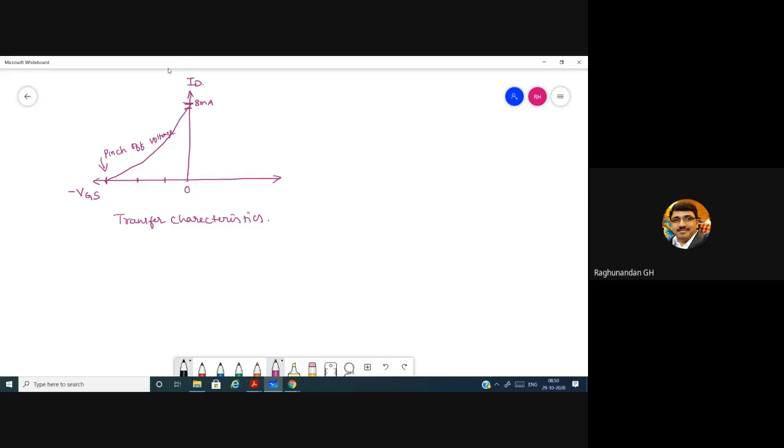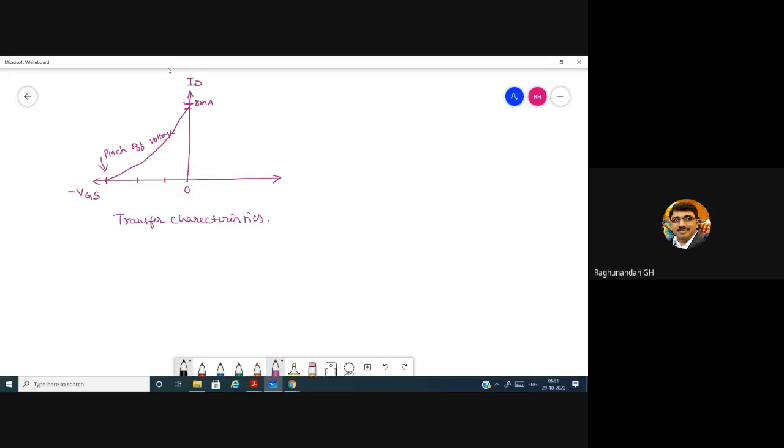Is there any chance of increasing this ID above this 8 milliampere, because we assume that ID 8 milliampere is a maximum, but is there any chance of increasing this current? Kirtana? Yes, sir.